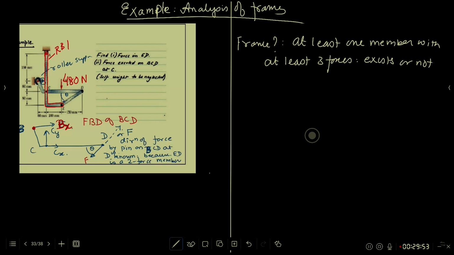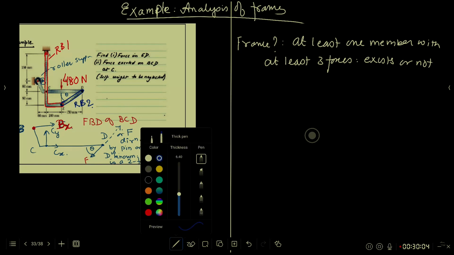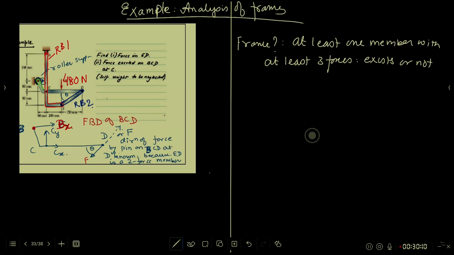Another member, RB3. Pins: one pin is here, pin 2, pin 3, pin 4, pin 5. 5 pins. Three members.